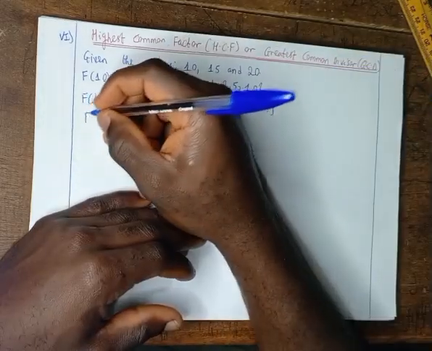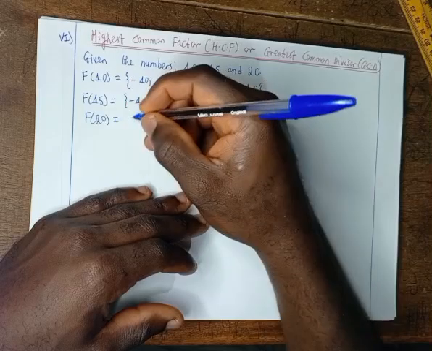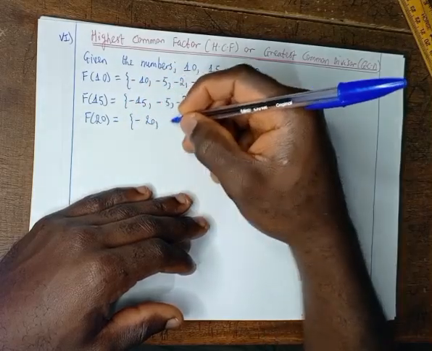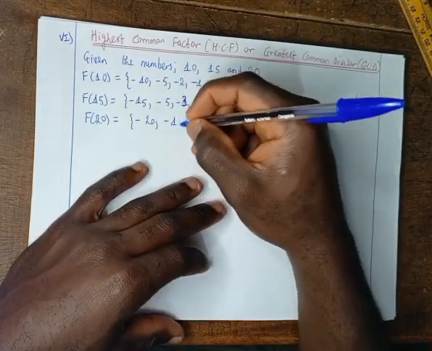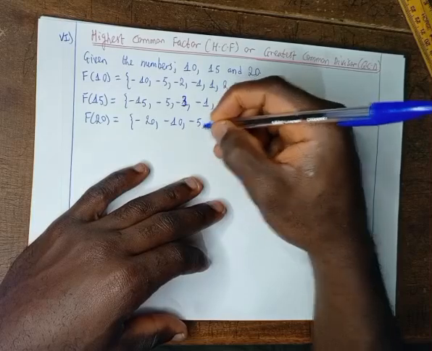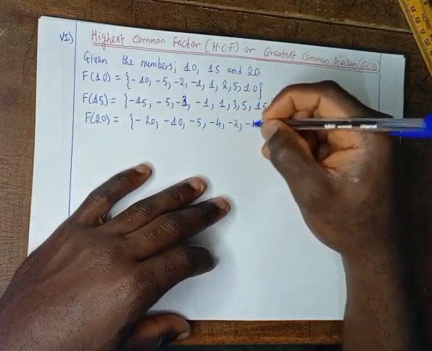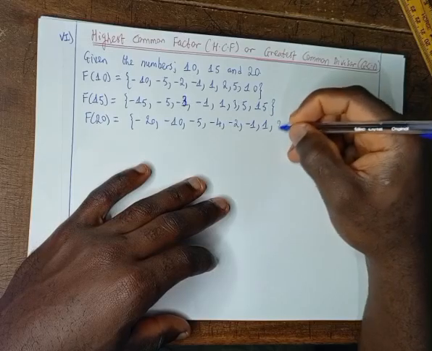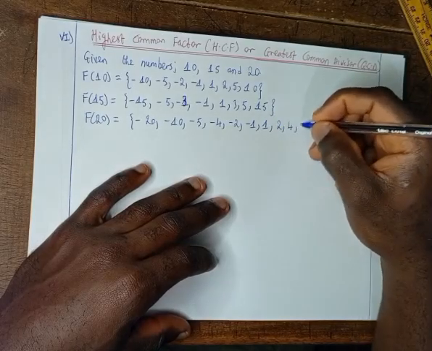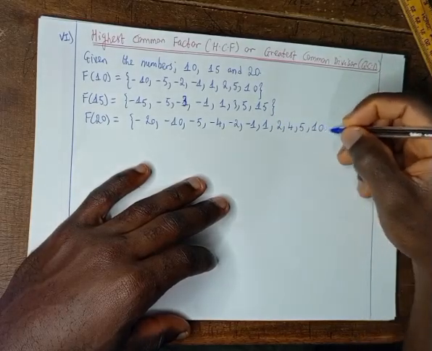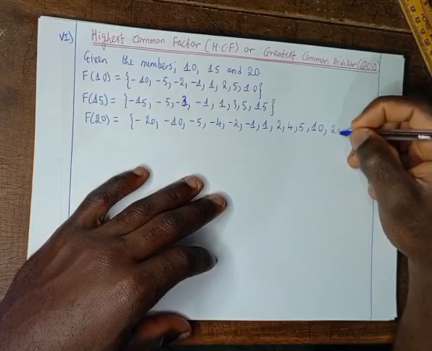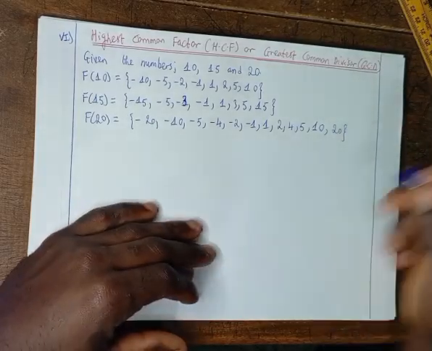Next, the factors of 20, we have negative 20, negative 10, negative 5, negative 4, negative 2, negative 1, 1, 2, 4, 5, 10, and lastly 20.